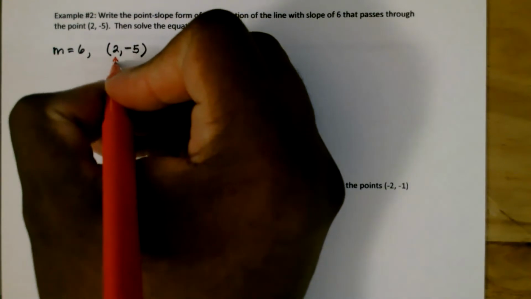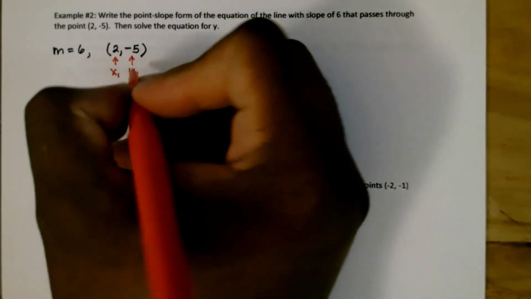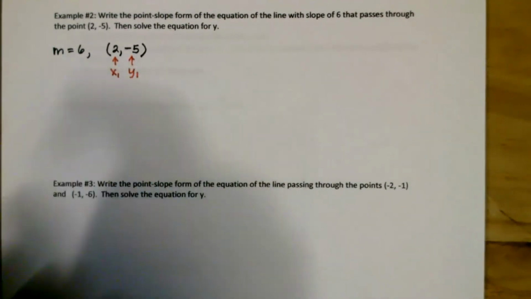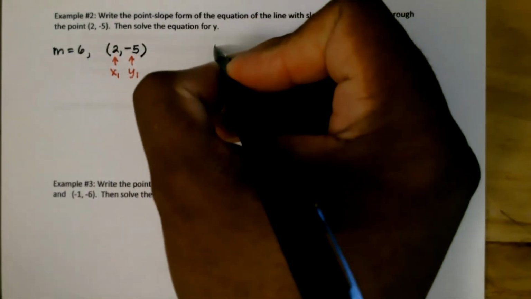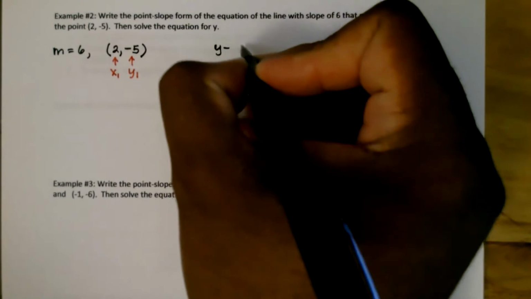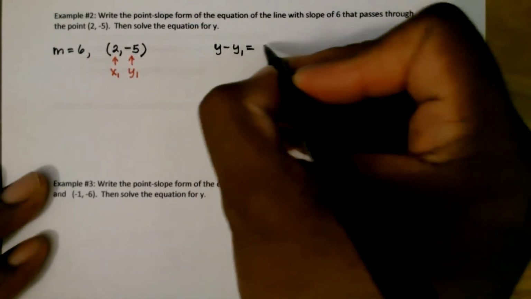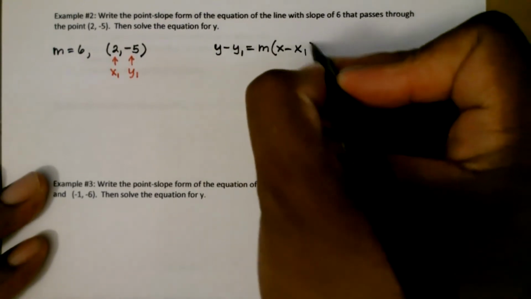So in this case, x1 would be 2 and y1 would be -5. So here we got a point and a slope, so we can directly use that point slope form. And that's y minus y1, and that's equal to m times the quantity x minus x1.